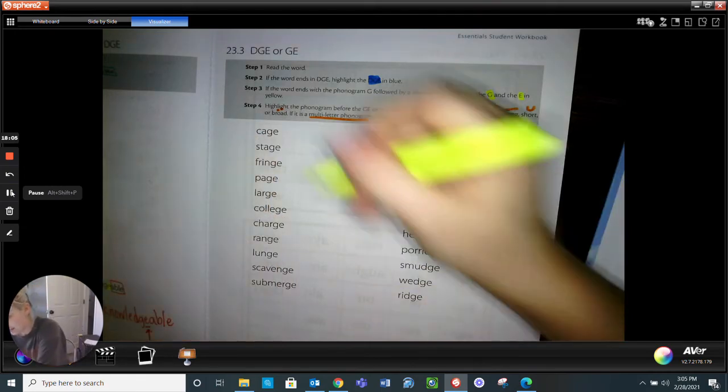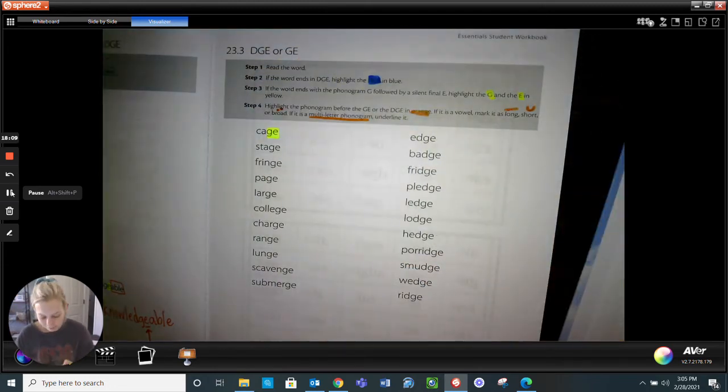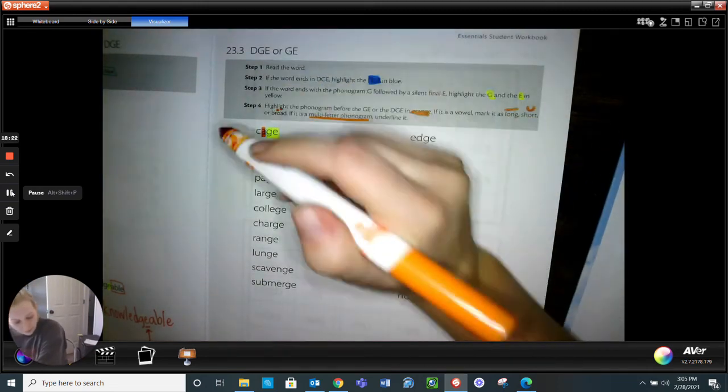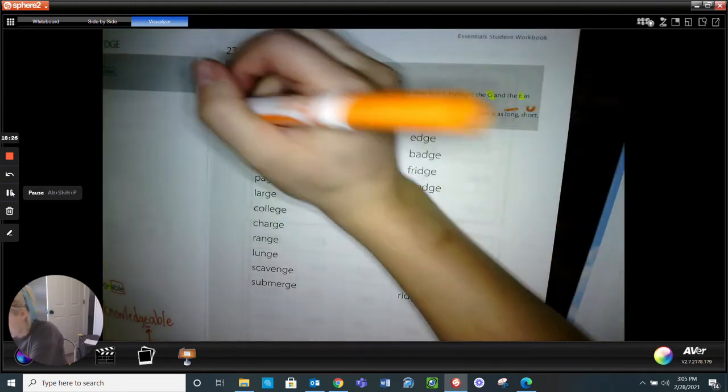We do have that. Okay, easy. Then step 4, highlight the phonogram before the GE or the DGE in orange. And our phonogram before is A.